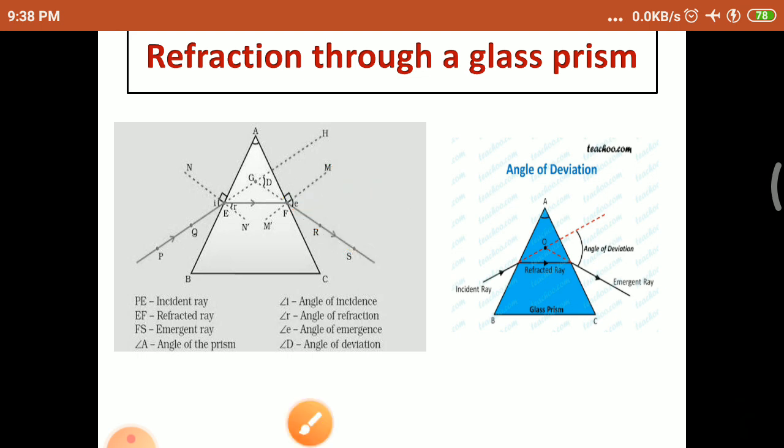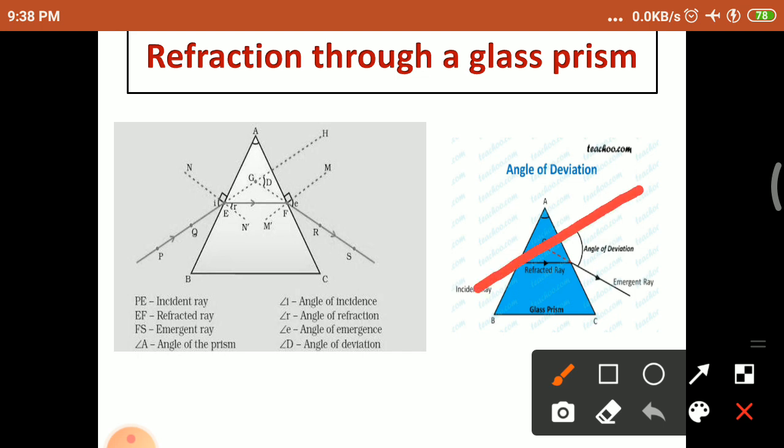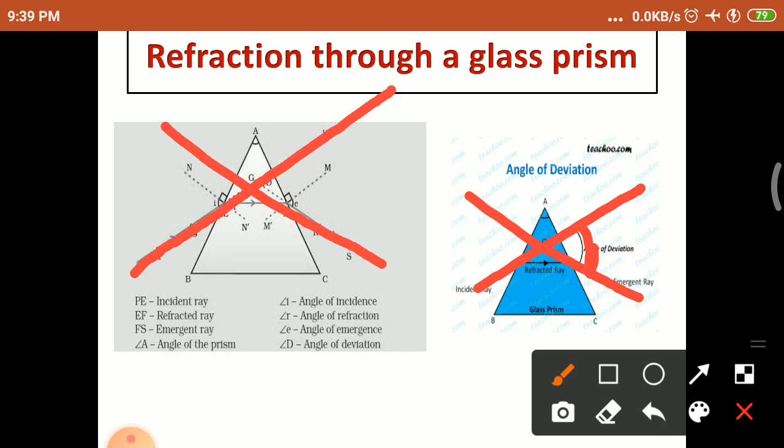If I draw the incident ray at the back and the emergent ray at the back, these two rays meet at this point. This is called the angle of deviation, and it is clearly shown here.